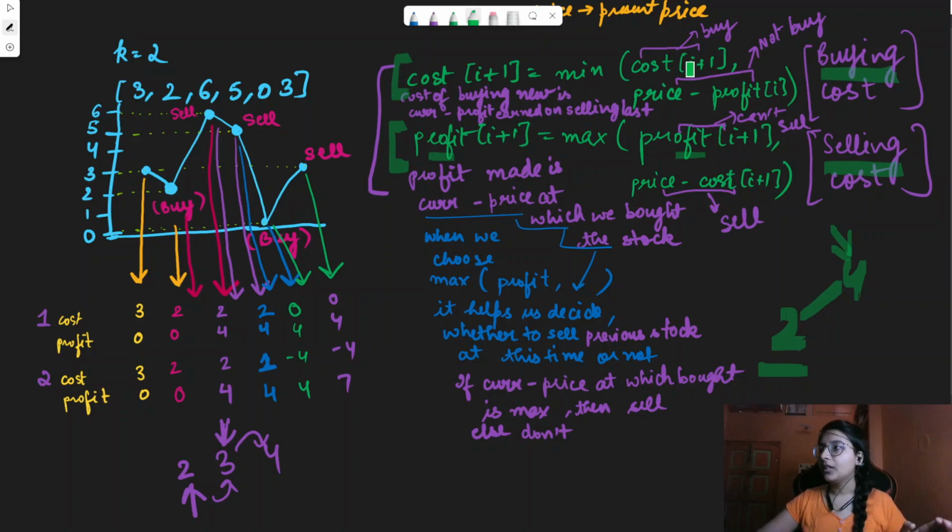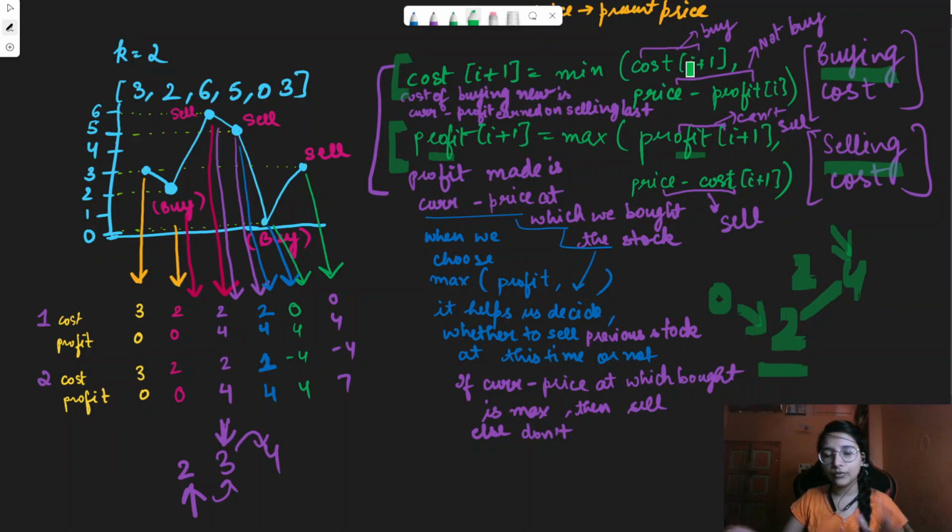So at that moment our profit is basically 2, right? So that's why here the profit is 2, and the earlier profit was 0, because at that moment we just bought our stock, right?